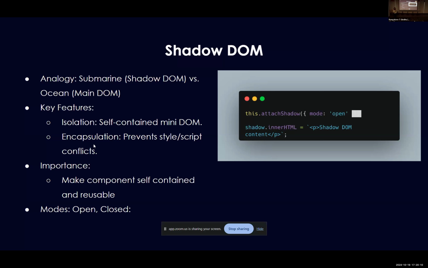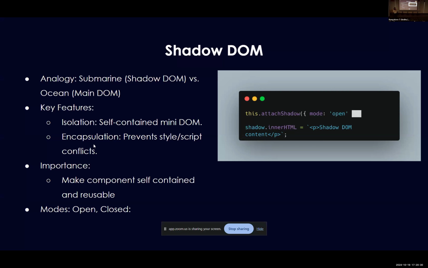It has its own logic and CSS file separately. It has real benefits because it is self-contained, so it's pretty easy to maintain. If any issue happens, it will affect only this component, not any other components.